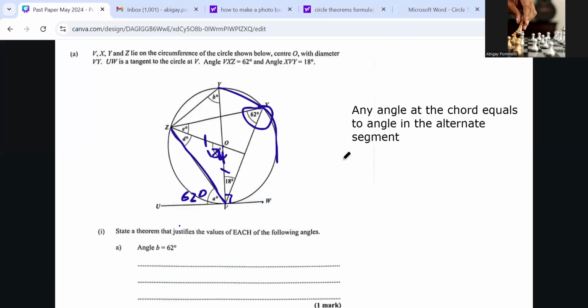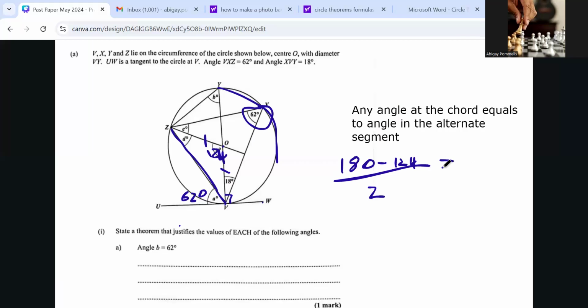So I can say 180 subtract 124, and since the two angles are equal, I'm going to divide it by 2.